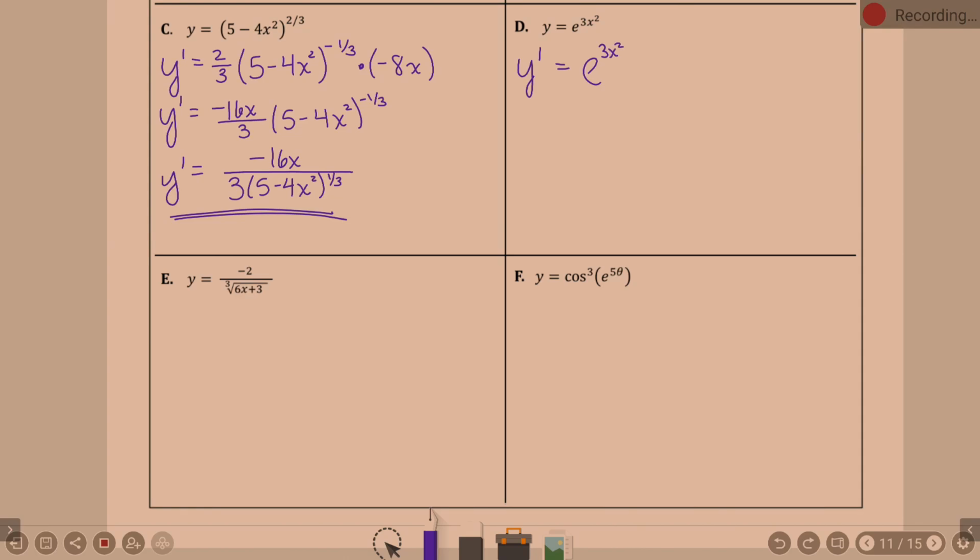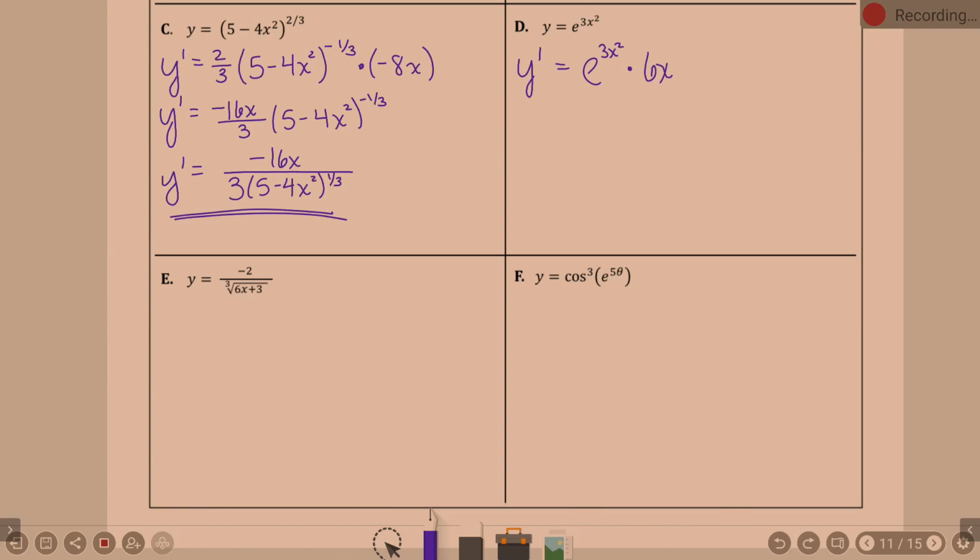Then what are we going to have to multiply by? The derivative of the power. So 3x squared, the derivative of which is 6x. I personally don't like to leave it like that. Is the 6x the... Oh, it's the inside?